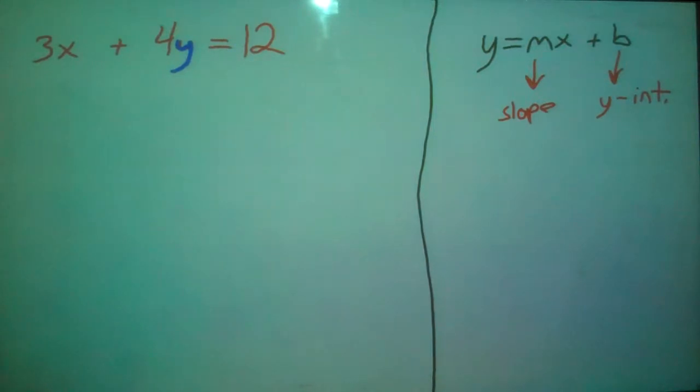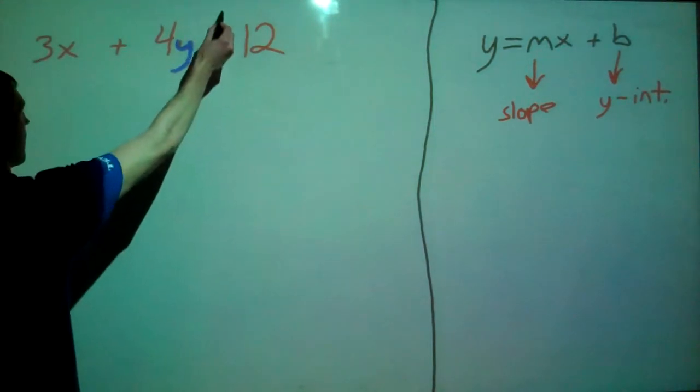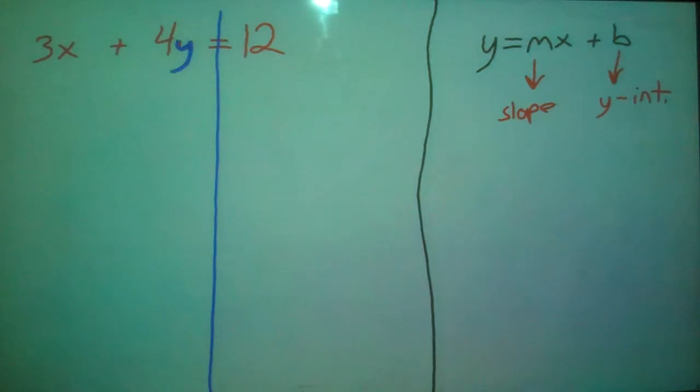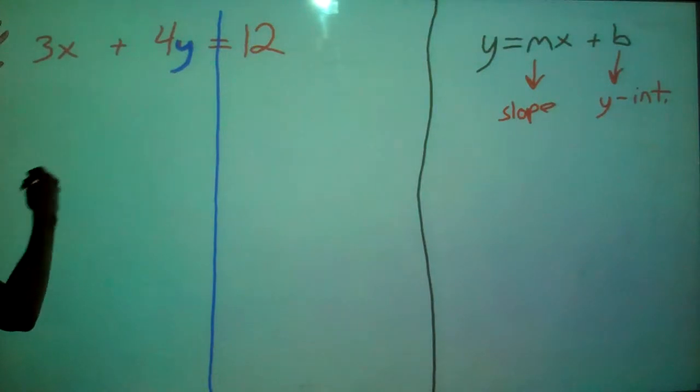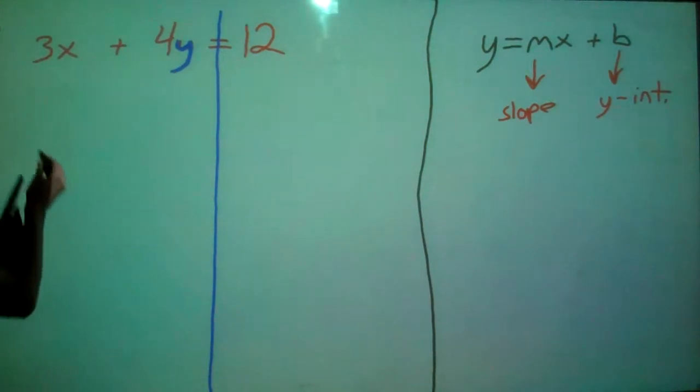So we have a couple things that we need to do for that. Whatever we do to one side of the equation, remember we have to do to the other. First thing we want to do is get rid of this 3 times x. This is a positive 3x, so we want to do the opposite, the inverse, to get rid of it.